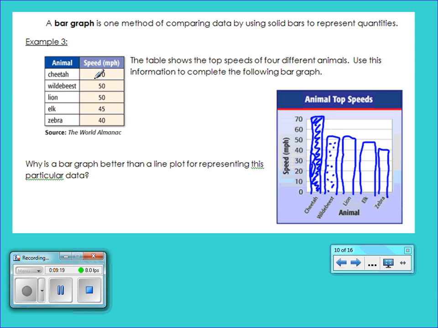We have one cheetah, and we're looking at its different miles per hour. We could do a line plot with that. But if we want to compare a cheetah to a wildebeest, we would be better off looking at their top speeds in miles per hour. We'd be better off looking at a bar graph where we can see one animal next to the other and look at the differences between the two. So bar graph is better because it compares different things.